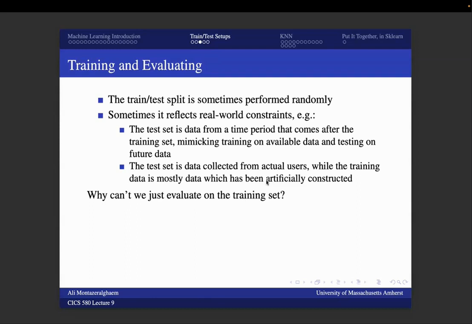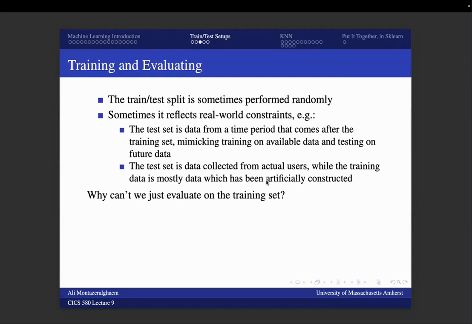For example, you have a system and you are getting some information from users, and based on this data from previous users, we can train the model and test on a new user, or new data that we are getting from the system.